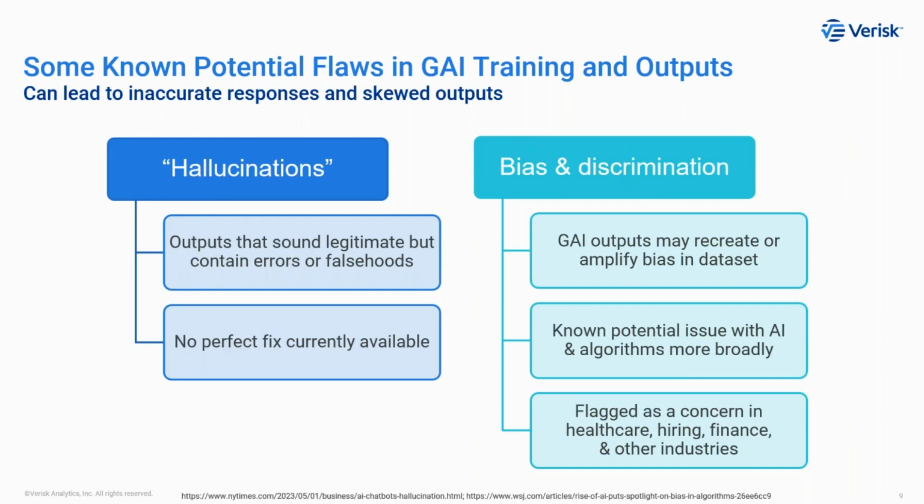The second set of known potential flaws to go over are ones that can lead to inaccurate responses from the GAI or skewed outputs from the GAI. So on the left, we have what are called hallucinations. This is an issue where GAI tools produce outputs that sound legitimate, but actually contain errors or falsehoods.